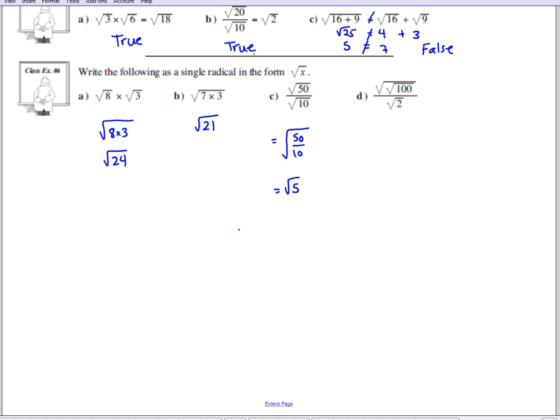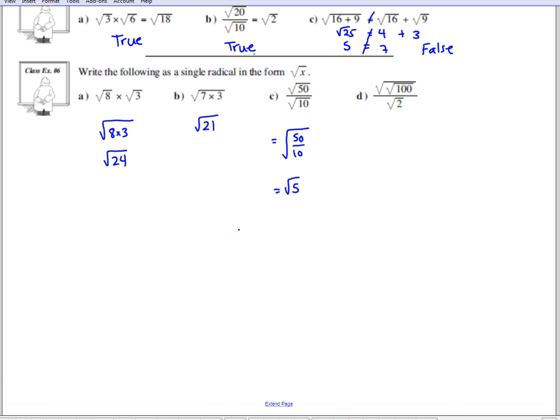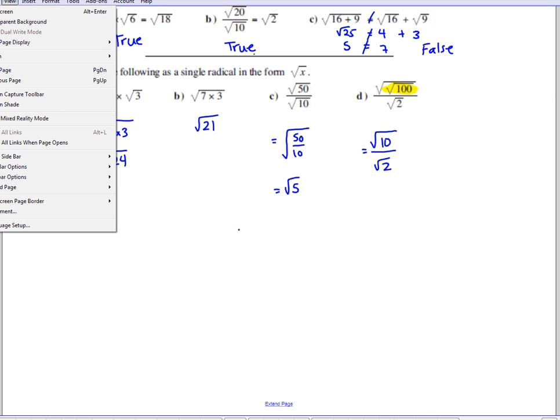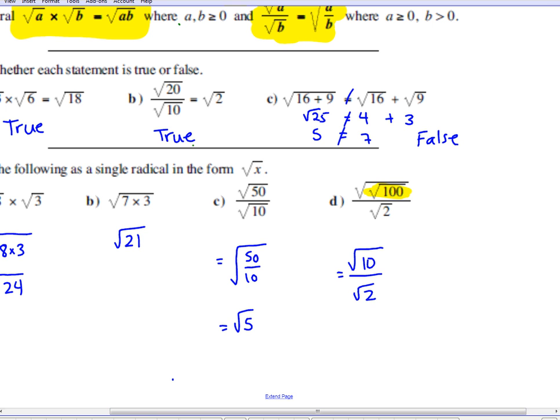Okay, this is a weird one. Let's just right now first tell me what is the square root of 100? You should know that. Just 10. So instead we can write this as root 10 divided by root 2. We just evaluated root 100, this part here.